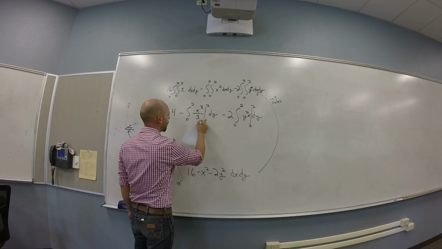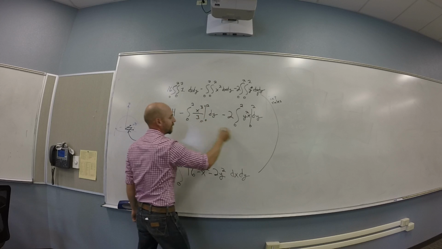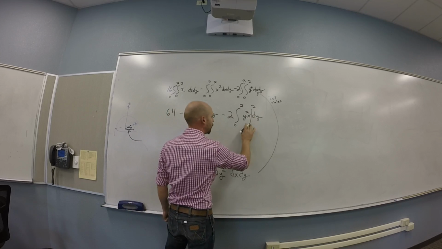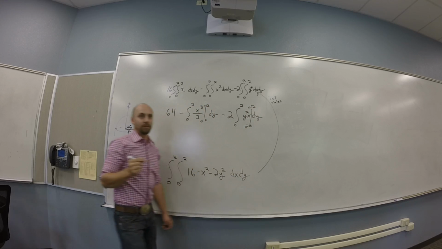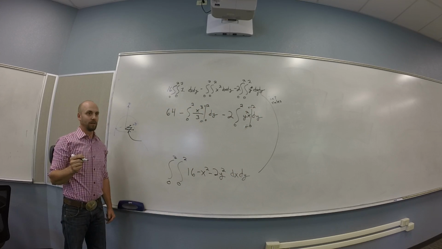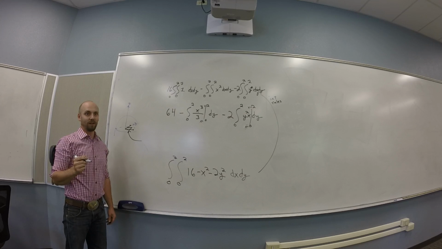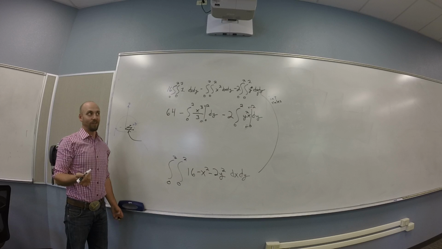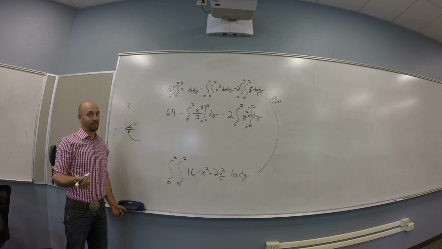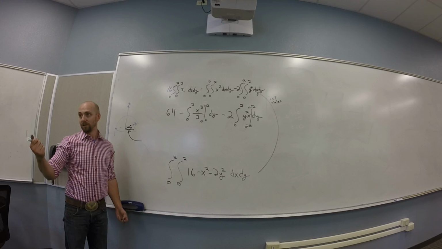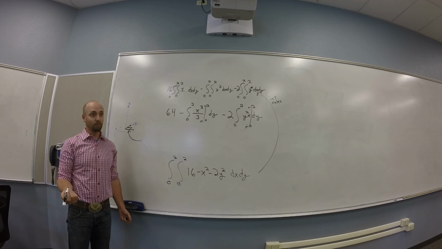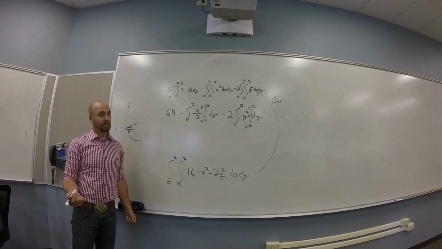This one is evaluating x's, and this one is also x's. You guys with me? Why do they look so different? You were integrating something squared, right? Why did one end up different than the other one? Yeah, because I was integrating x in both, right? You guys see that?